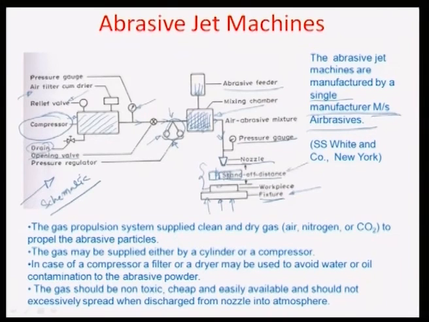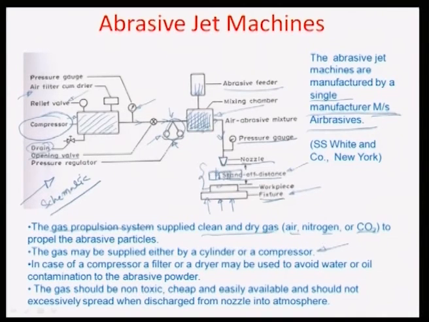The standoff distance can be controlled by varying the nozzle position or the workpiece position with respect to one another. Typically the gas propulsion system should be able to supply clean and dry gases. Gases could be air, nitrogen, carbon dioxide, and this is used for propelling the abrasive particles. The gas may be supplied either by a cylinder or a compressor.